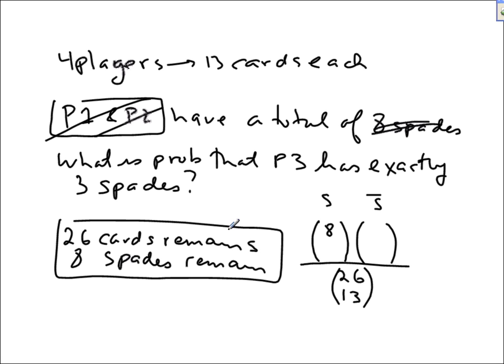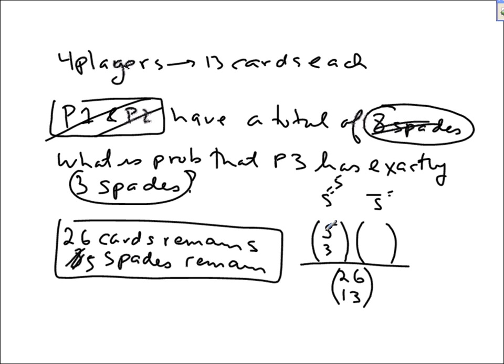You want player number 3, oh no, excuse me. There are 8 spades between player 1 and 2, so there are 5 spades remaining. From the 5 spades, you want player number 3 to get 3 spades. There are 26 cards remaining. 5 are spades, 21 are not spades.